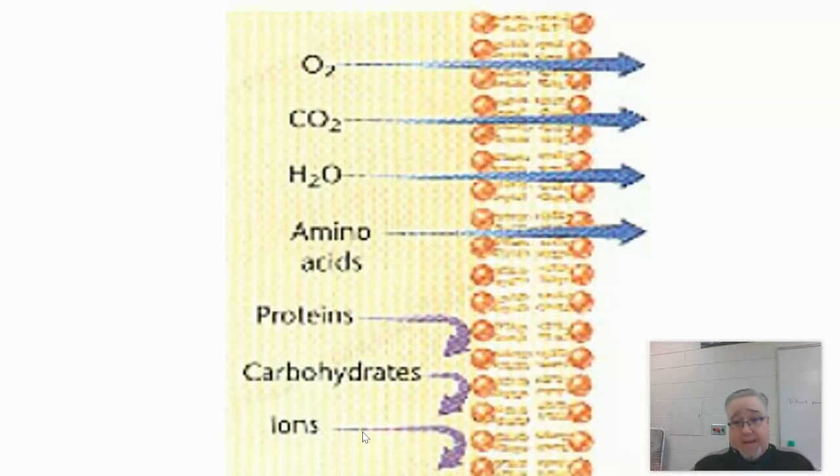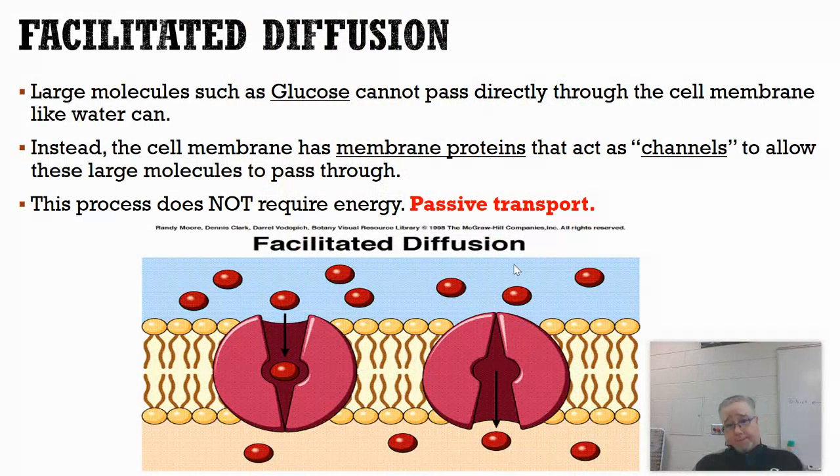Cells need proteins, they need sugars, all these things, right? But if they're just too big to get through, then we have an issue. We have this problem where they need to get in, but they can't get in. So that's where we get into this term here. It's called facilitated diffusion.